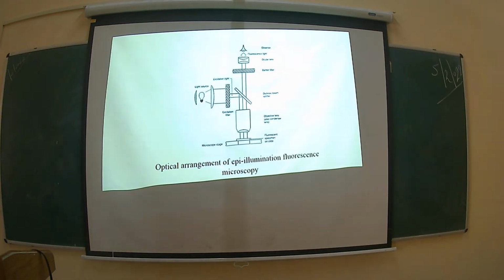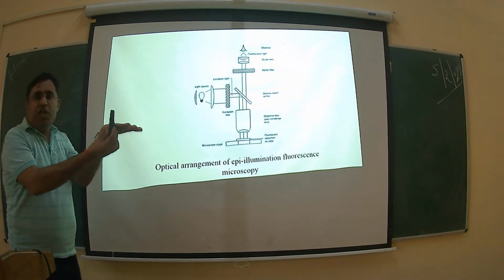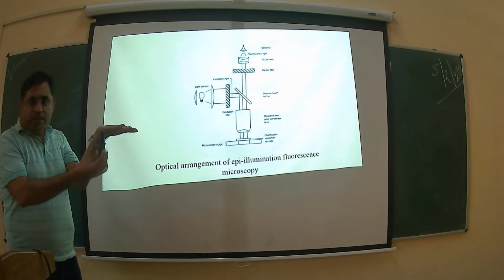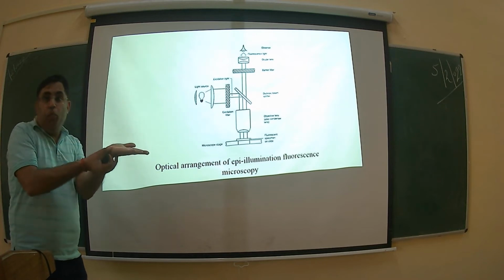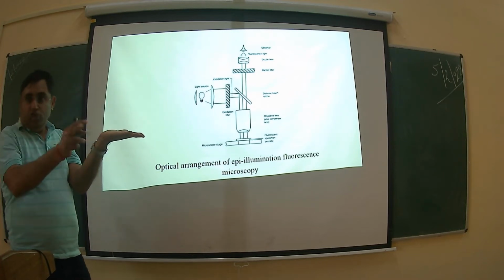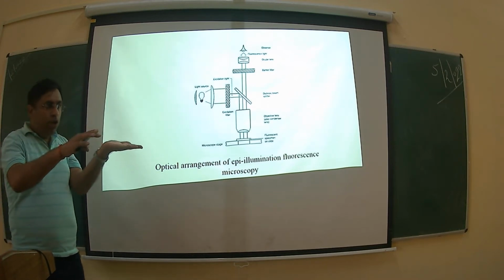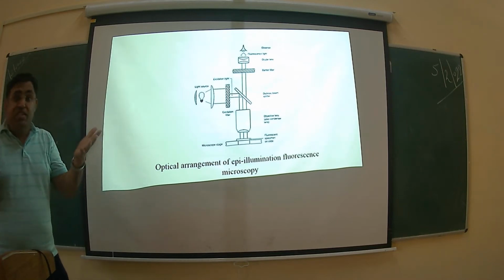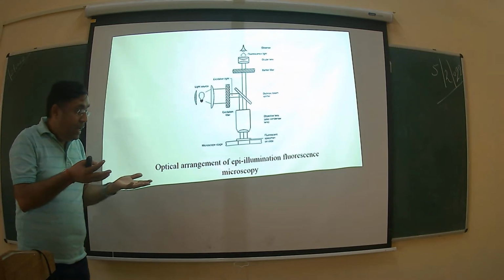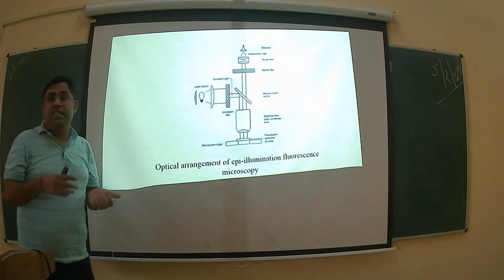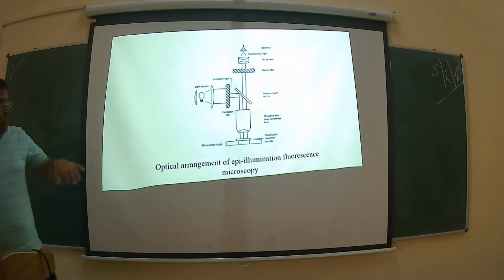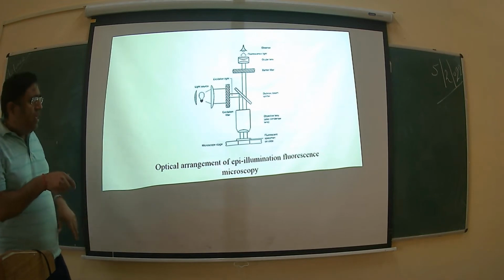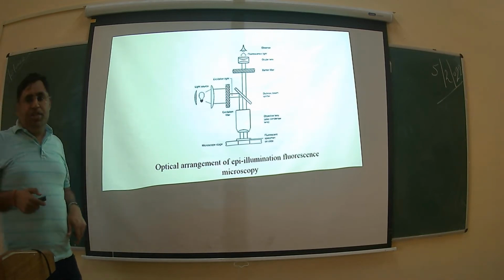You don't know how thick the specimen is, so the transmission might be affected. Transmitted light might vary depending upon the thickness of the specimen. However, in EPI illumination this kind of restriction does not apply. That's why these days everything uses EPI illumination.